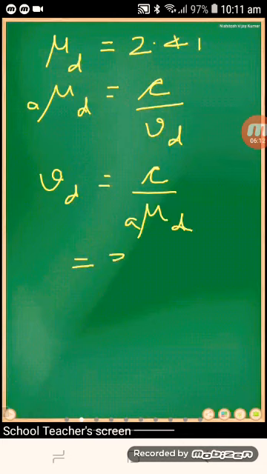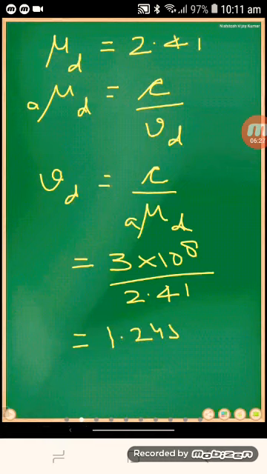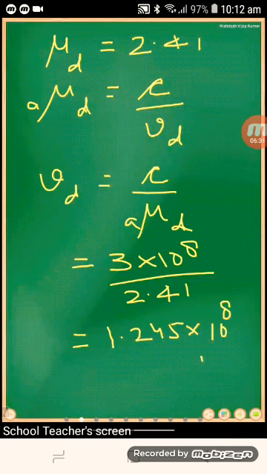So c will be 3 into 10 to the power 8 upon its refractive index, which is 2.41, and once we calculate it, we find 1.245 into 10 to the power 8. So if you observe, the velocity of light in diamond is the least as compared to that of glass and other media. This is one of the ways of using it.